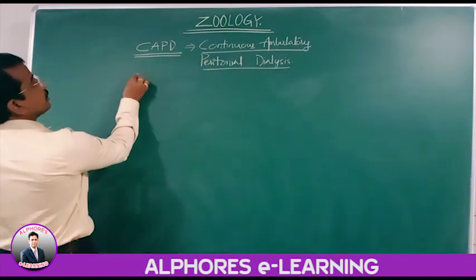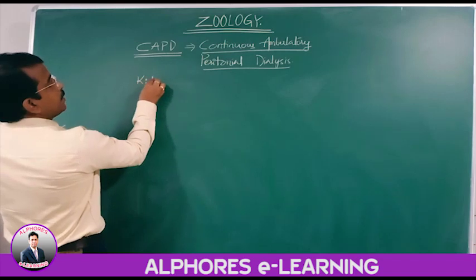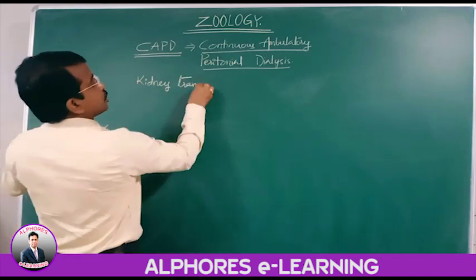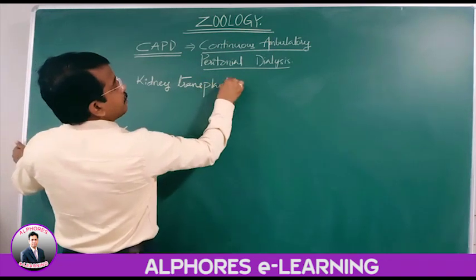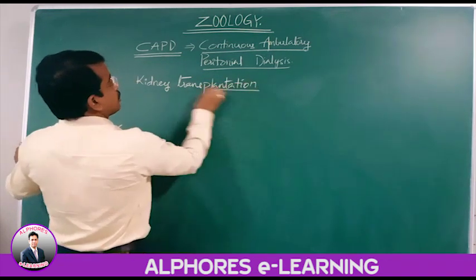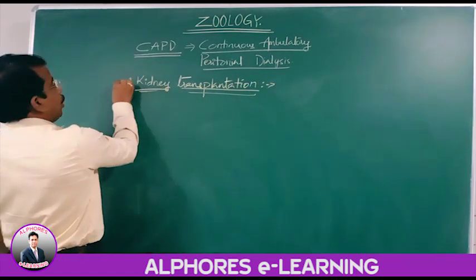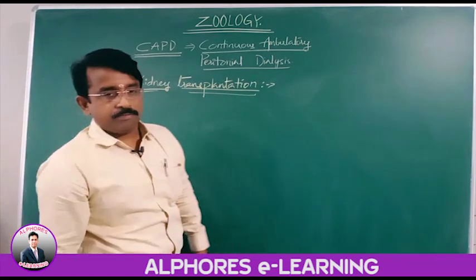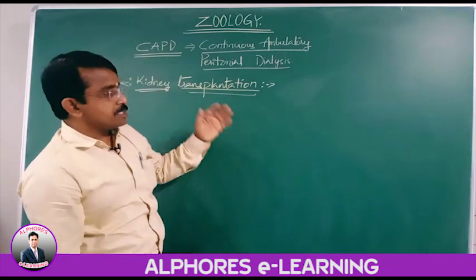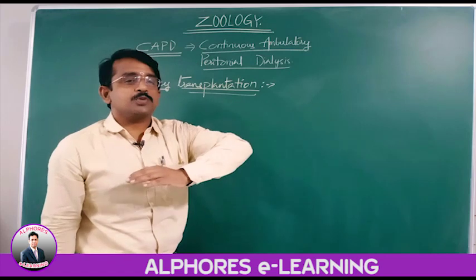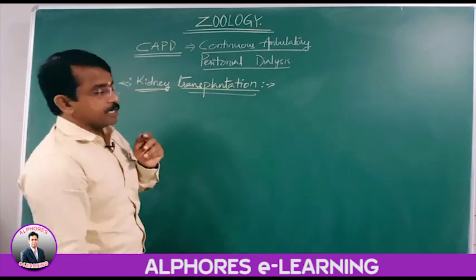Next we will go for kidney transplantation. In general, what we learn in this connection is that when the two kidneys are damaged, dialysis is one process we have seen, and the next one is transplantation.